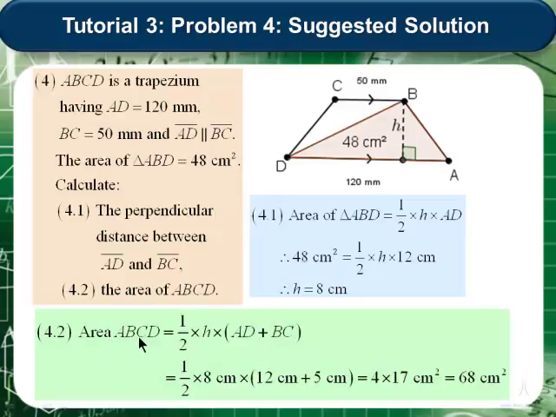And once we know that, we can then calculate the area of the trapezium, because we know it's half multiplied by the distance between the two parallel sides multiplied by the sum of the two parallel sides, and H as well as AD and BC all are known to us. So if we calculate this, we find that the area of the trapezium is 68 square centimeters.